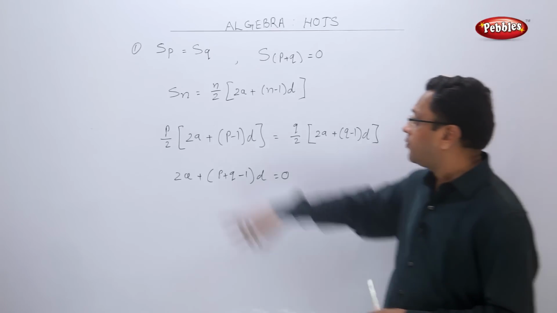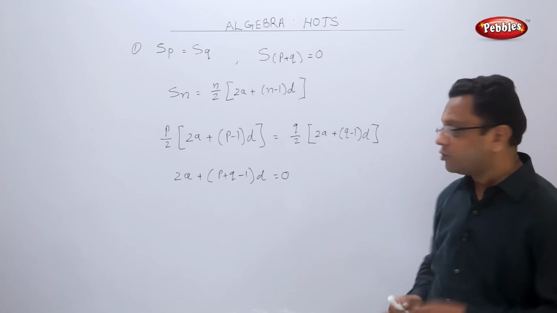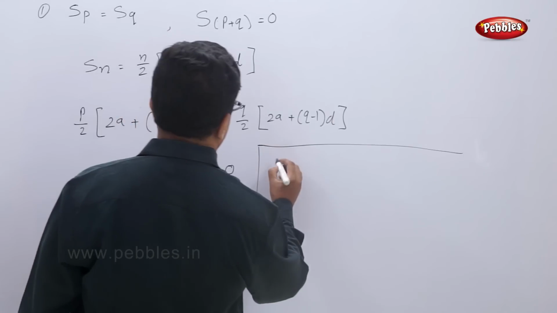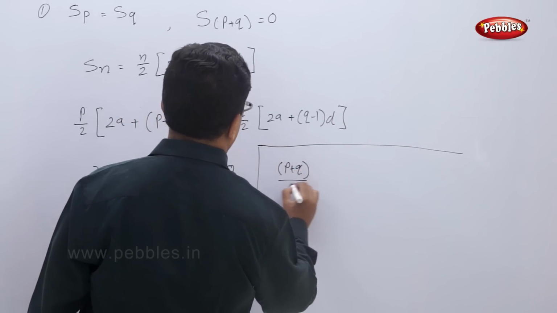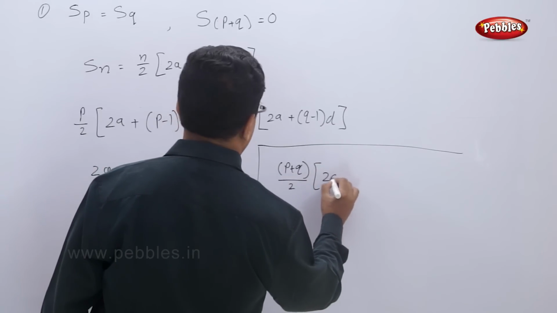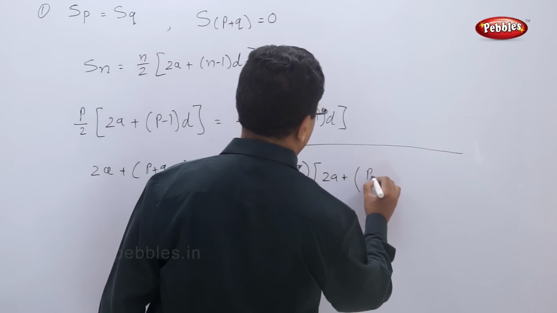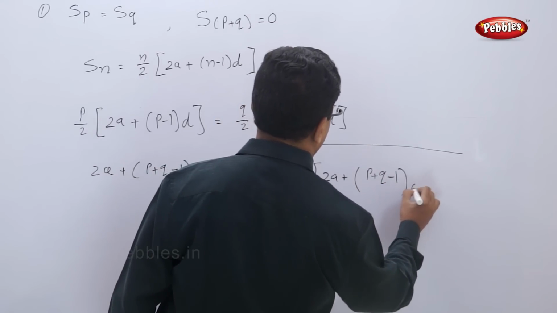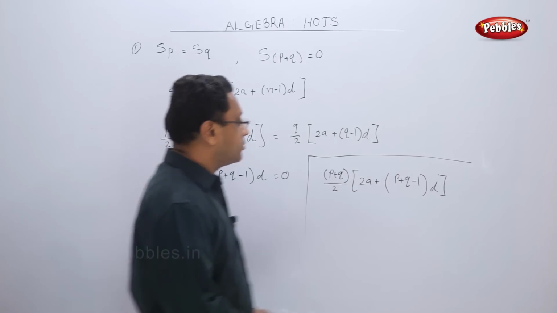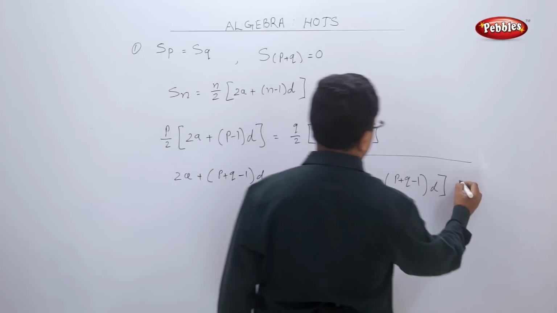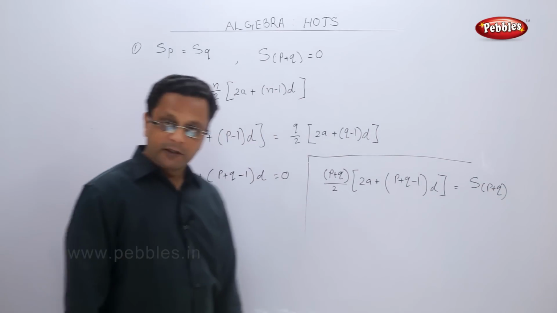So now instead of N, we have to substitute P plus Q, right? Let us do that. So after substituting, we get this. Right.